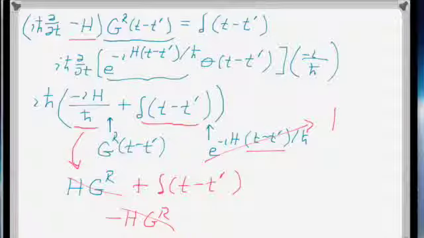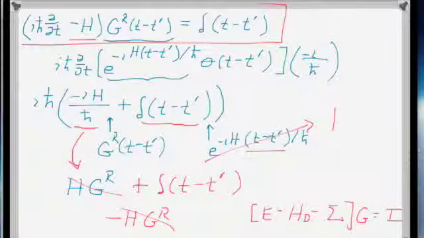Remember, in the energy domain, we had E minus H minus sigma times G equals the identity matrix. In the time domain, the identity matrix is basically your delta t minus t prime. So we've shown that this does satisfy the equation of motion for the retarded Green function in the time domain, which is this guy up here.